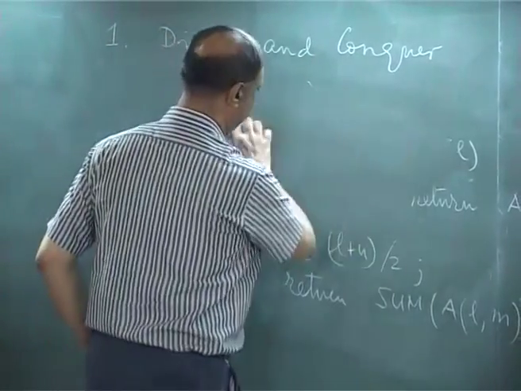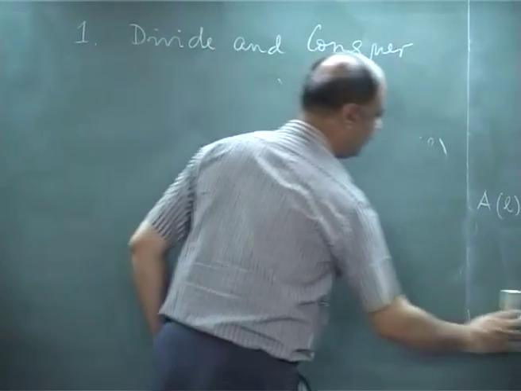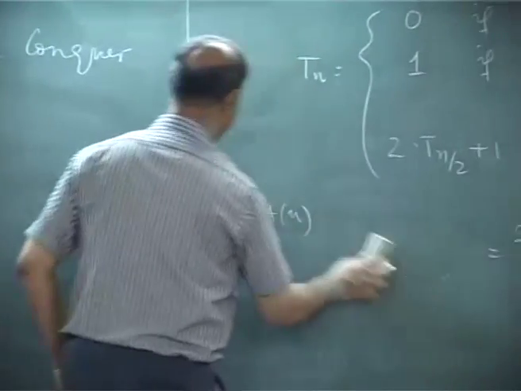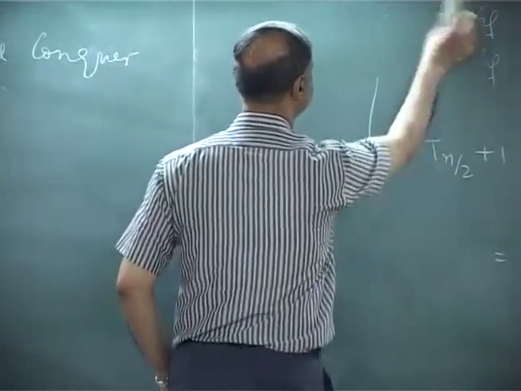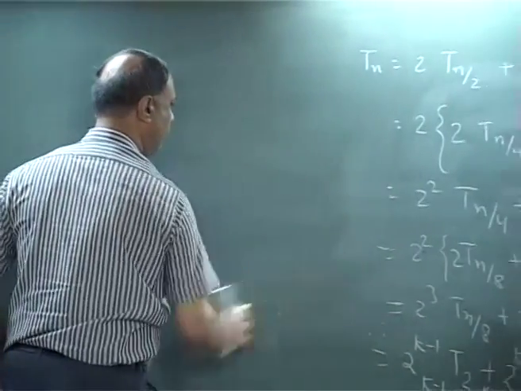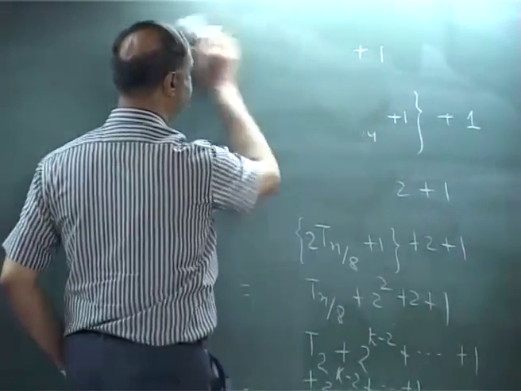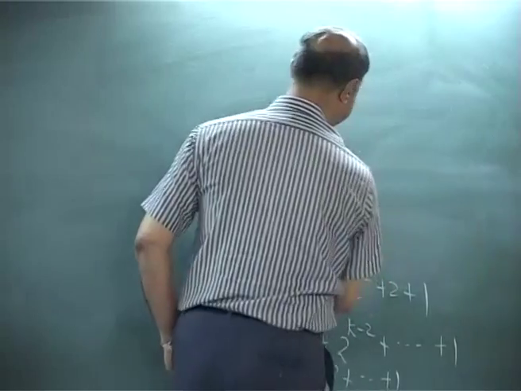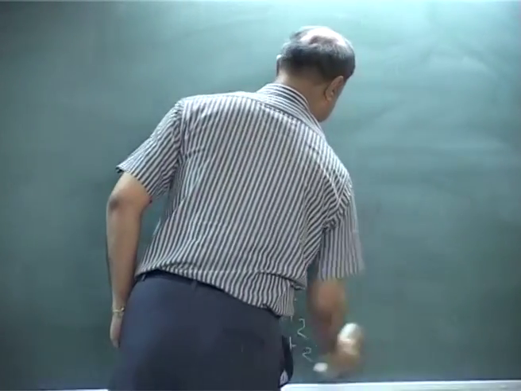Now you know binary search. Let us think about the binary search. What happens? In the case of binary search, we assume the elements are either in increasing order or decreasing order.